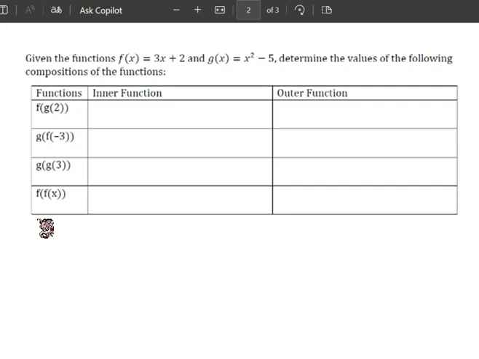Given the functions f of x equals 3x plus 2 and g of x equals x squared minus 5, determine the values of the following compositions of the functions. Okay, our inner function, we want to find g of 2 here for f of g of 2.